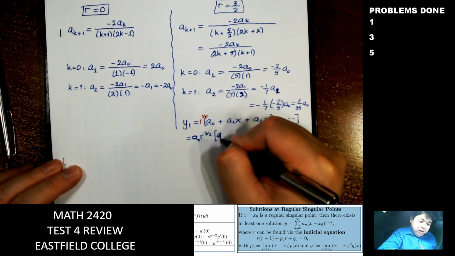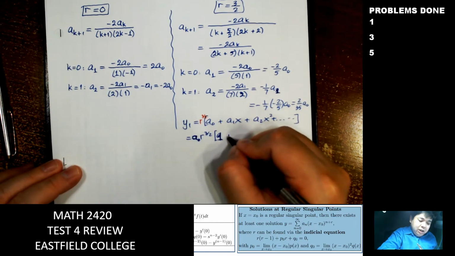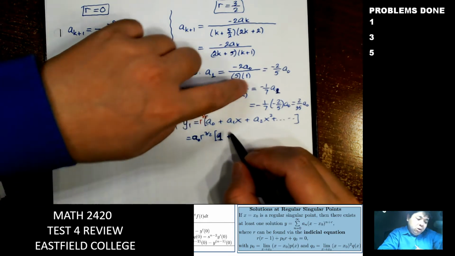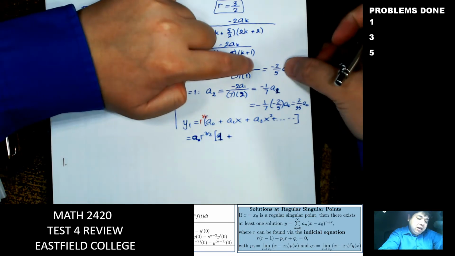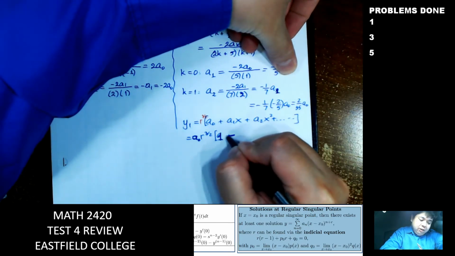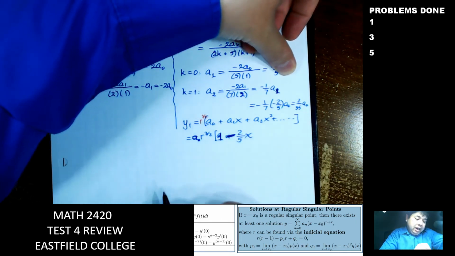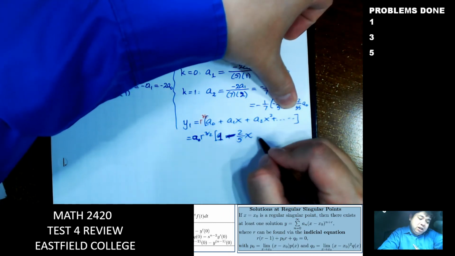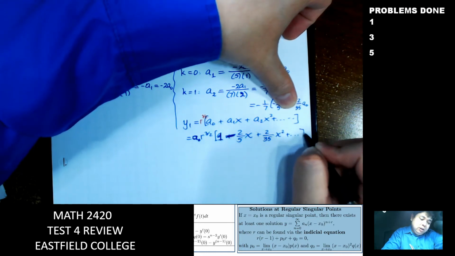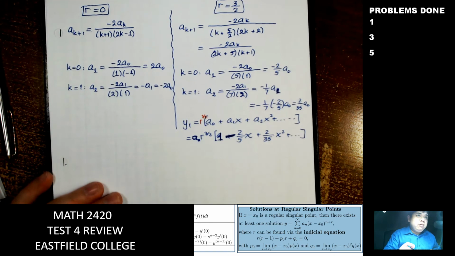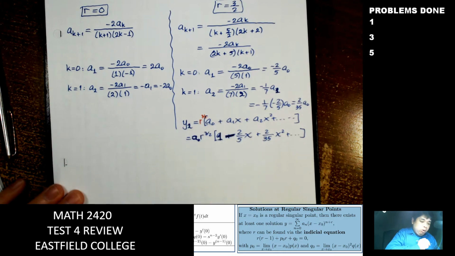So we just have 1, a0. a1 is this, factor out the a0. We have negative 2/5x. And then a2 is that. Factor out the a0. We have 2 over 35 x squared.